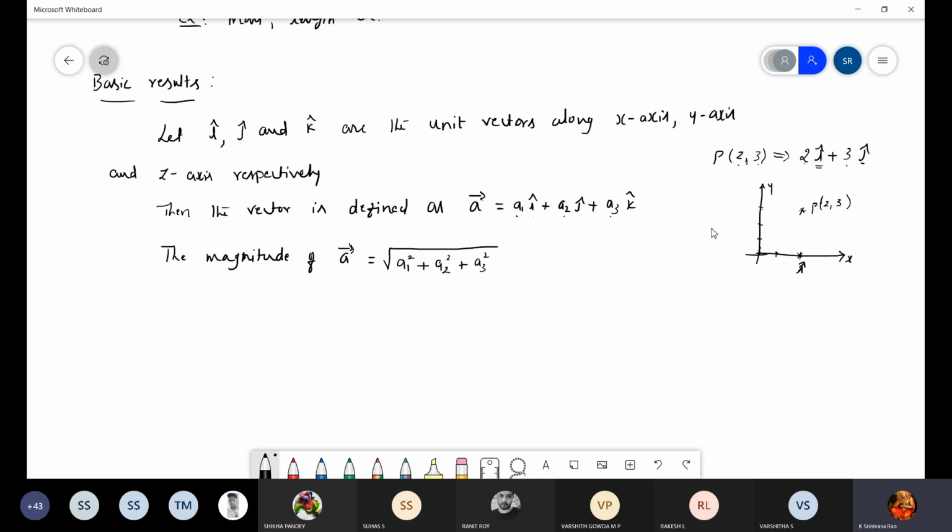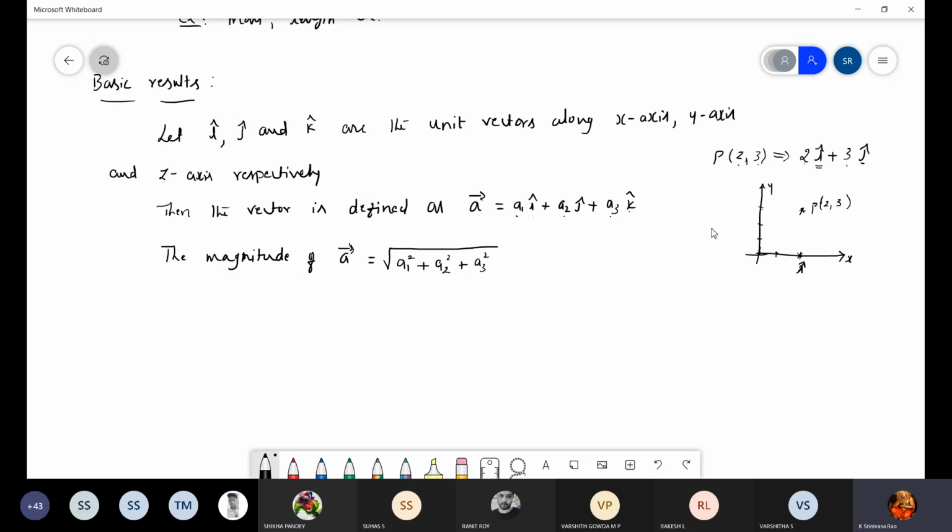Combining both, this point has the address 2, 3 or 2i plus 3j. Both are the same. I hope you understand why we write vectors like this. A1, A2, A3 give the quantity, and i, j, k give the direction. i stands for the x-axis, j for the y-axis, and k for the z-axis.